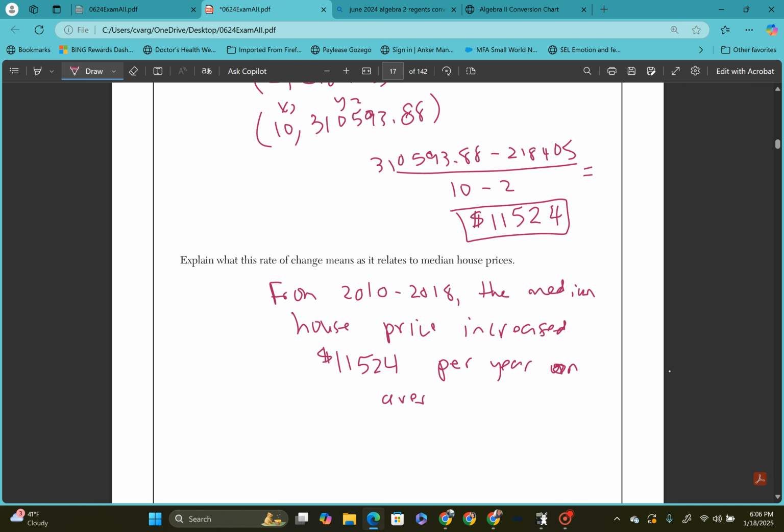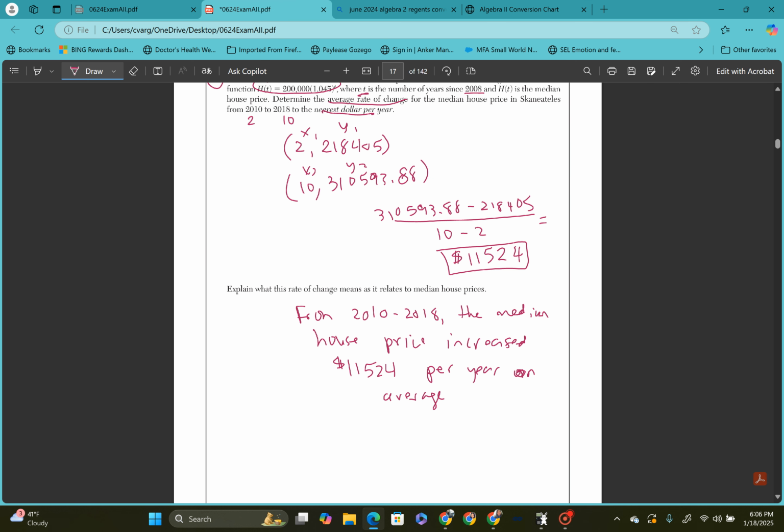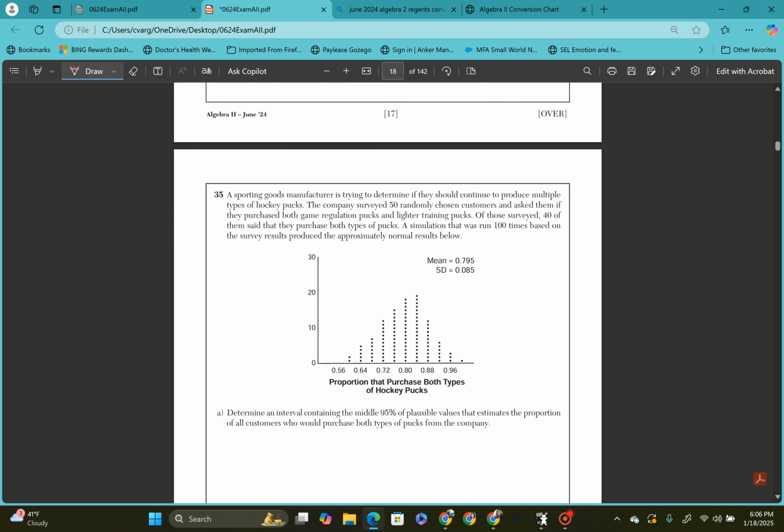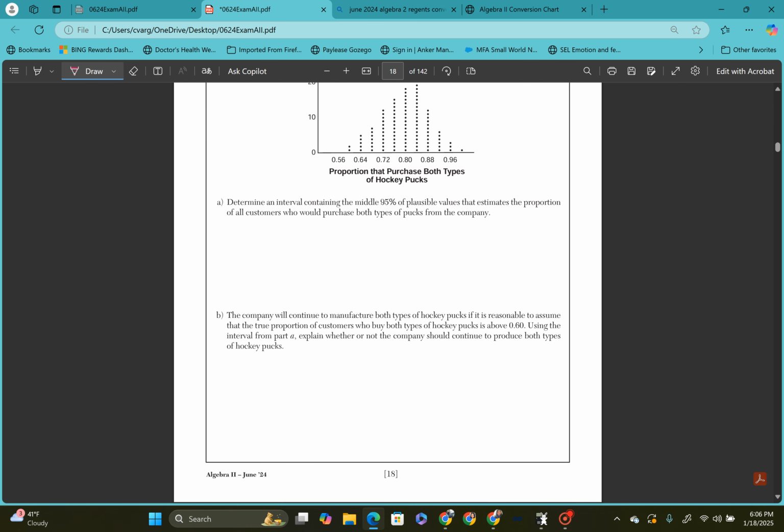So the average median price increased by 11,524. Okay. Skip number 35, 36.